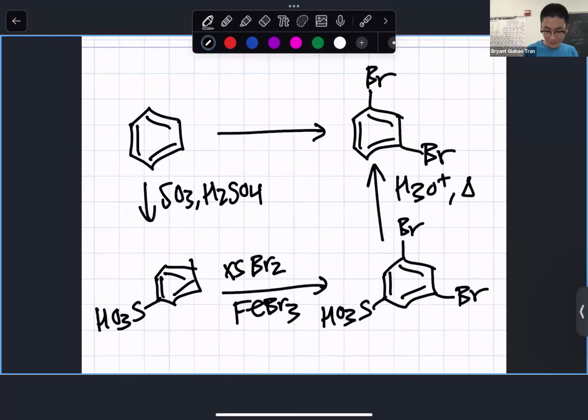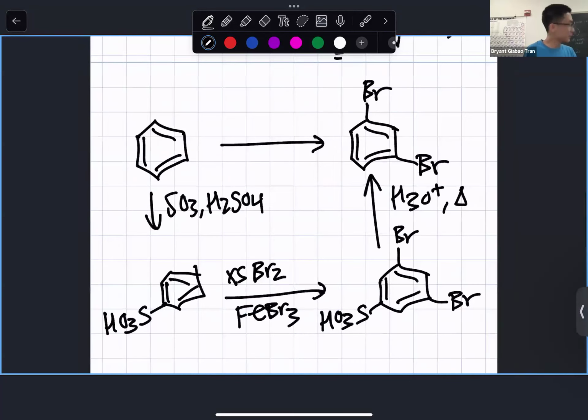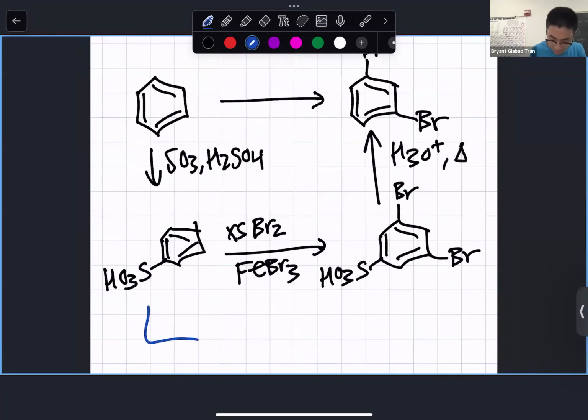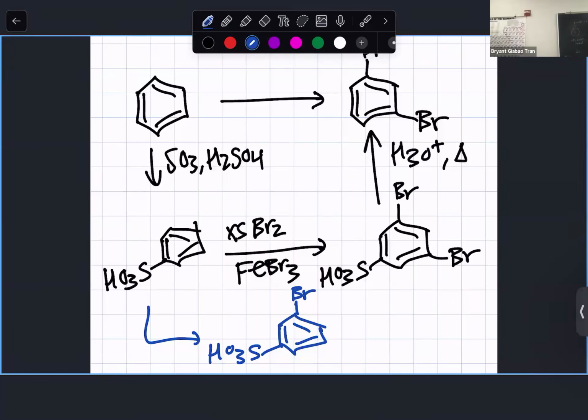But that's kind of weird because let's say you add one of the bromines first, right? Meta to this EWG here. Now we have a competition between this sulfonate group and that Br there. This is a strong EWG. This is a weak EWG. Weak EWGs are not as deactivating as that strong EWG.